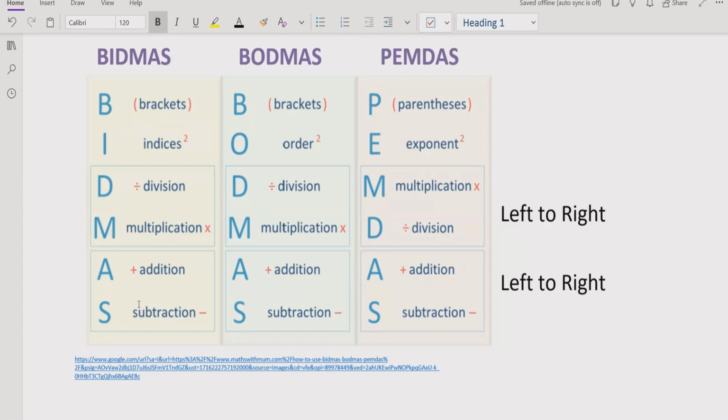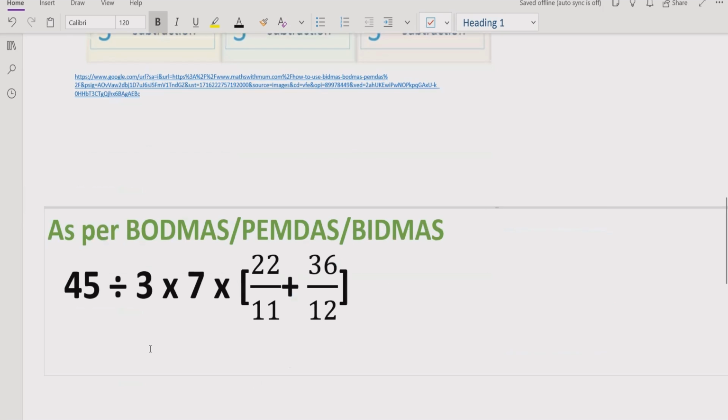Similarly, for addition and subtraction, we have the same rule. If addition comes first, we solve addition, and if subtraction comes first, we solve the subtraction first. Whether you are using BODMAS or PEMDAS, it's the same. You can say the three rules give the same answer. So now let's start solving the given expression.